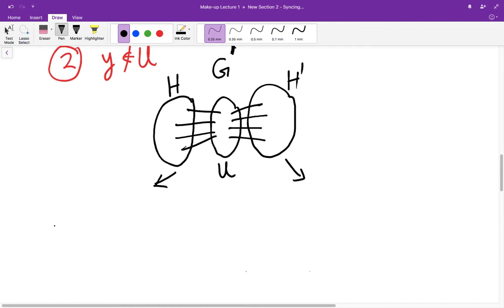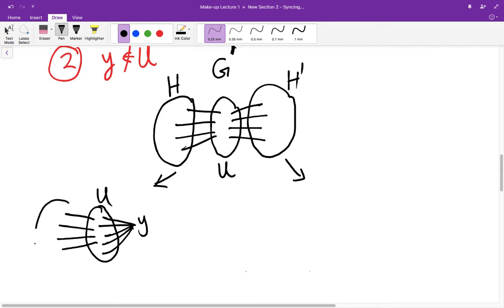So in the first case, we have Y being joined to vertices in U, because Y is going to be by itself as a component after deleting U. Maybe the other component is called H over here. Right.